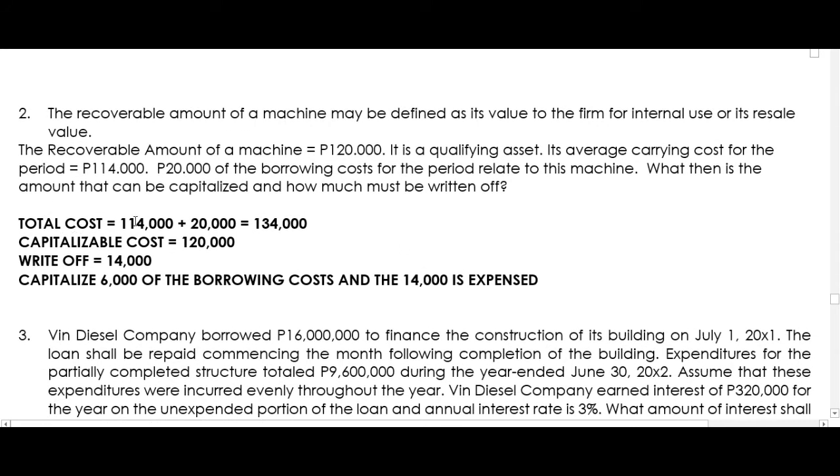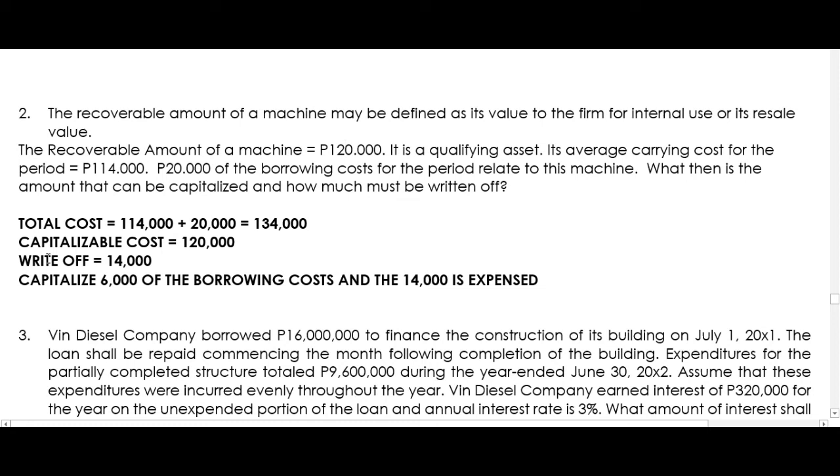So, ang gagawin lang natin computation, yung basic lang muna. Kung ang total na carrying amount is 114 plus nag-incur ka pa ng 20,000 na borrowing cost, ang total na capitalizable cost will be ito. Pero looking at the information, 120 lang daw ang recoverable amount niya.